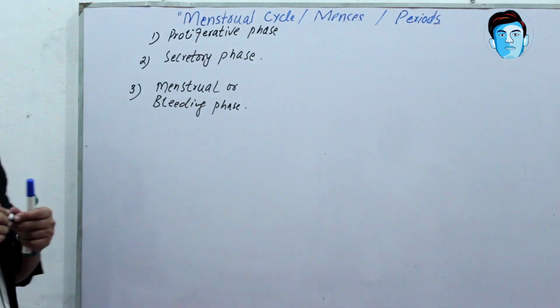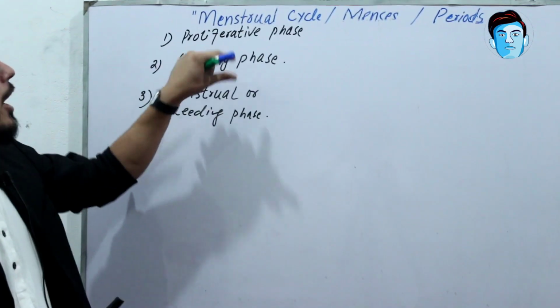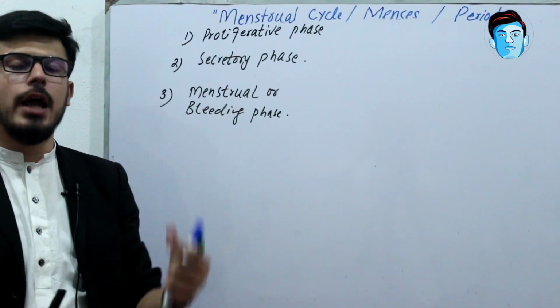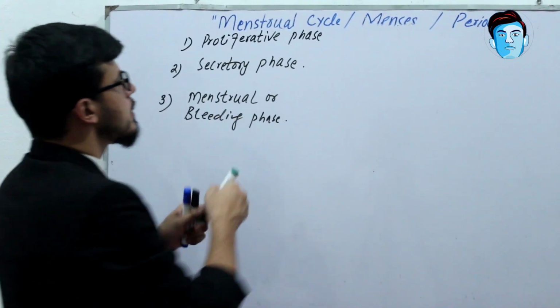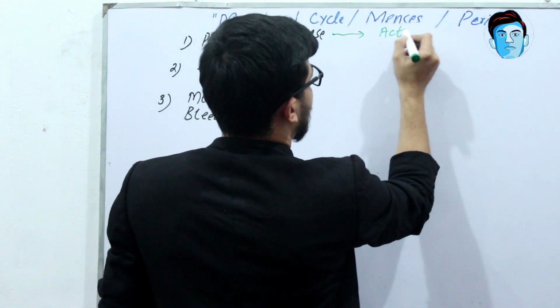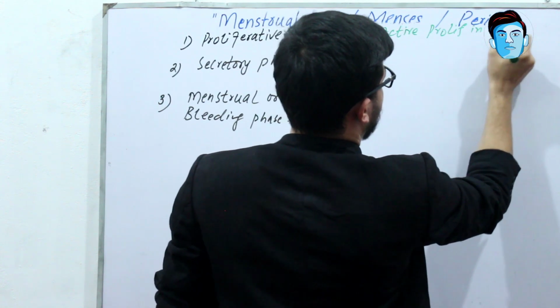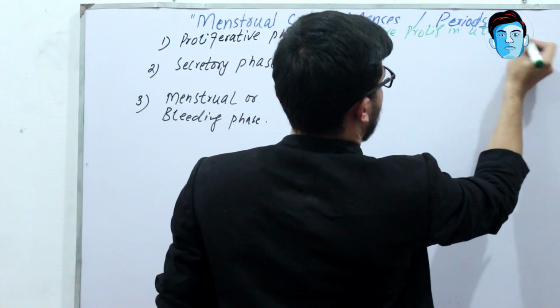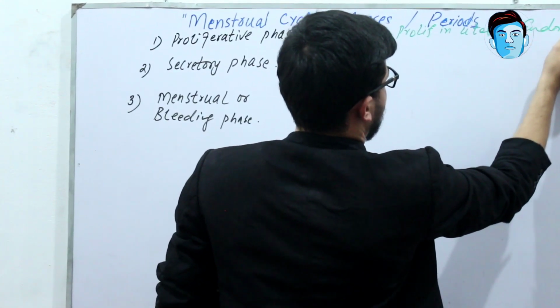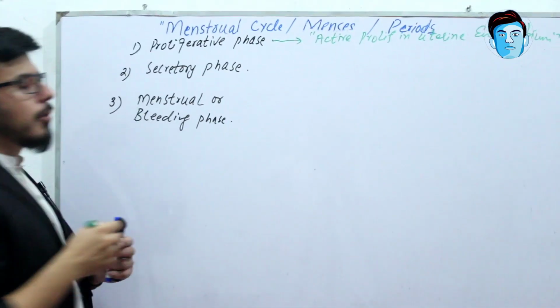In the proliferative phase, there is active proliferation in the uterine endometrium.